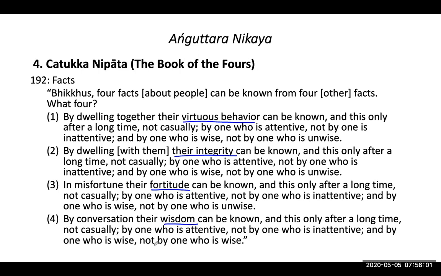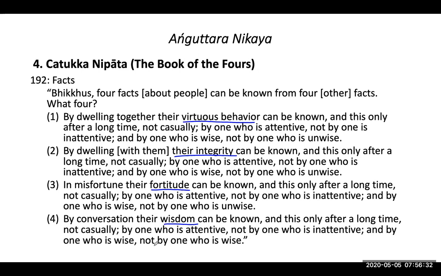First, his virtues can be known by a wise and intelligent person who pays close attention after living together with him for a long time. And second, his integrity can be known by a wise and intelligent person by having dealings with him, paying close attention over a long period of time.